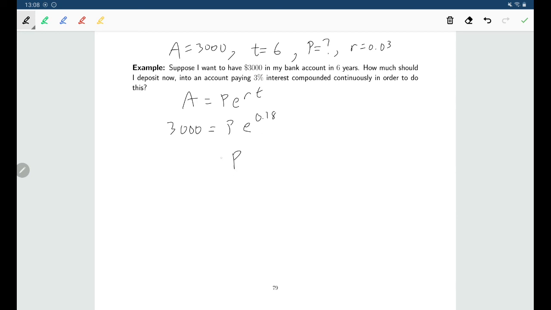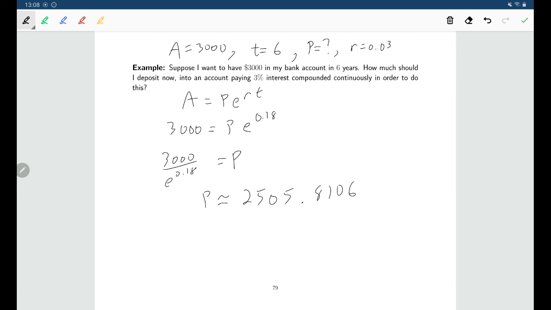And so we can solve and find out that P, our principal, is approximately 2,505.8106 thereabouts.